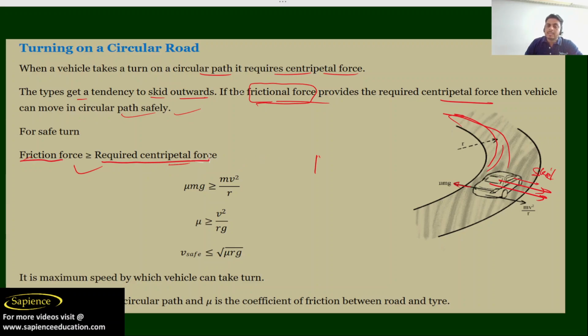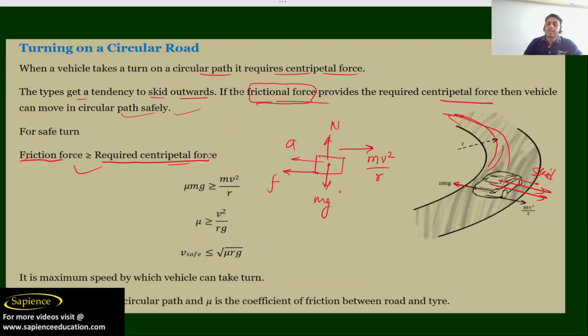Now as you know, the car is moving, so the weight of the car acting downward is mg and the reaction force is N. Now tell me, the car is moving toward the center, so the friction force will be F, and since it is being accelerated towards the center, there is a need of a pseudo force, which is mv square by r, and that is your centripetal force.